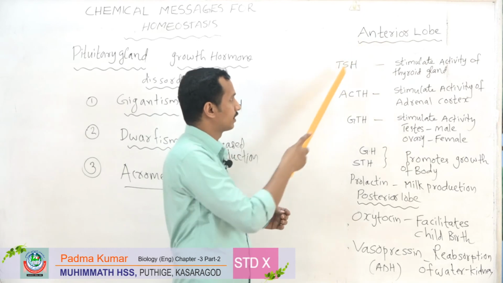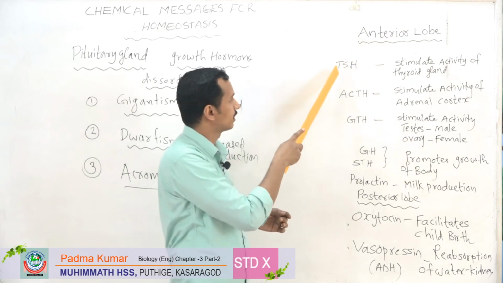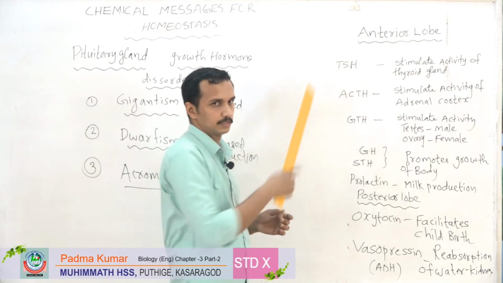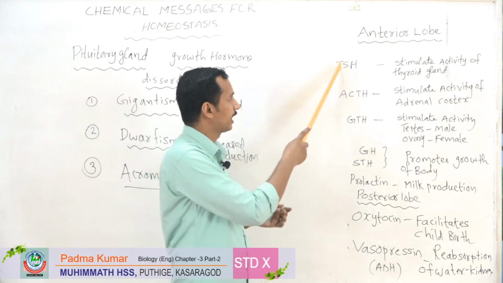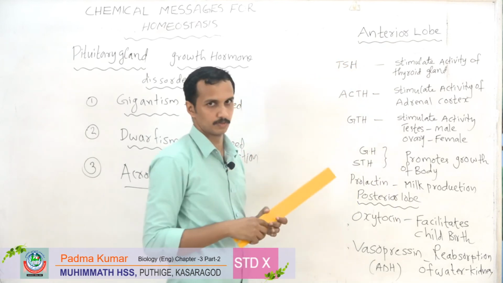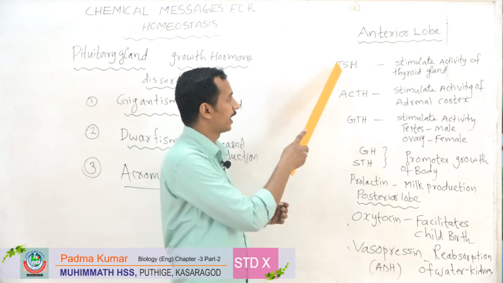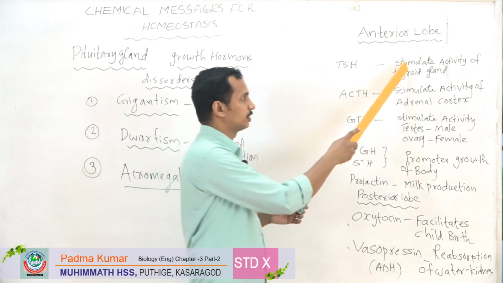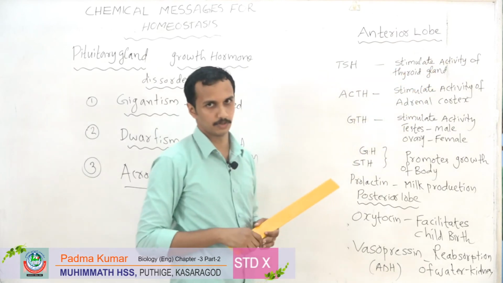So for the anterior lobe, what is the first one? It is known as TSH, that is thyroid stimulating hormone. It stimulates the activity of the thyroid gland.